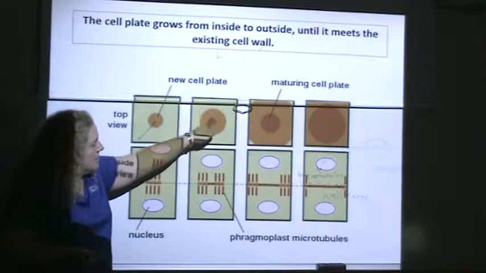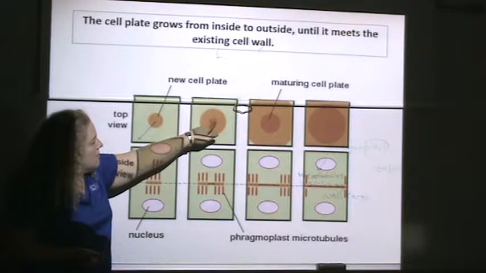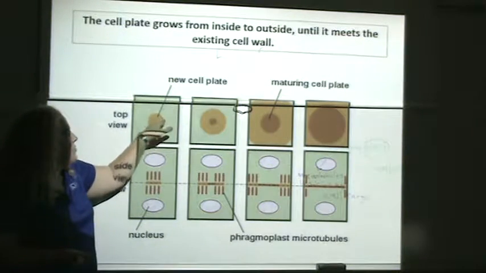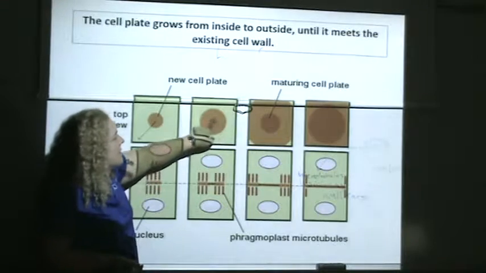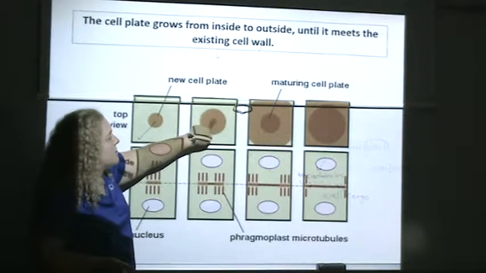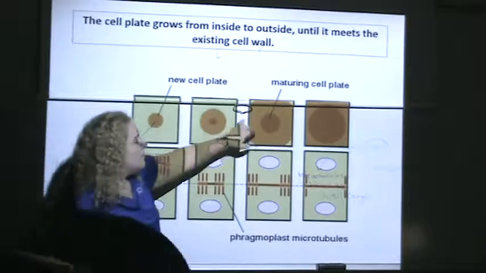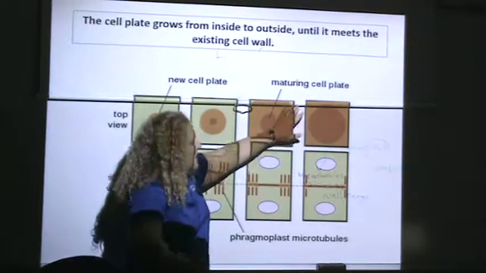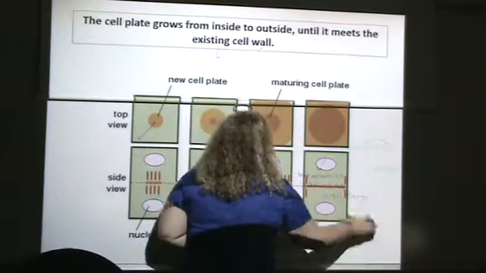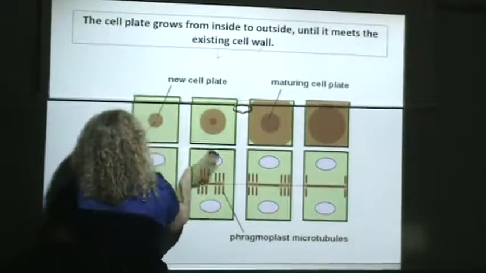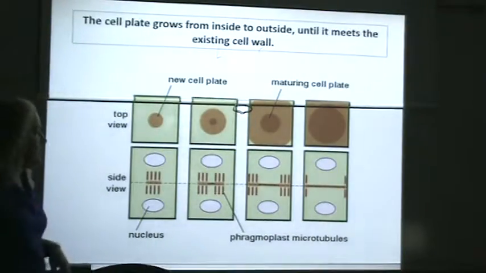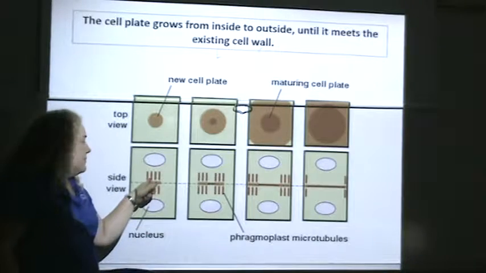So this is now, you can almost think of this as phragmoplast, and the dark orange as cell plate. So cell plate starts to be finished and strengthened from the inside out, inside out, inside out, until you have a finished cell wall stretching across the correct axis of the cell.